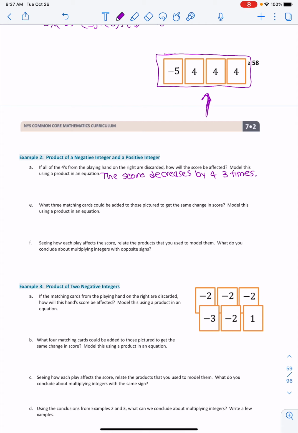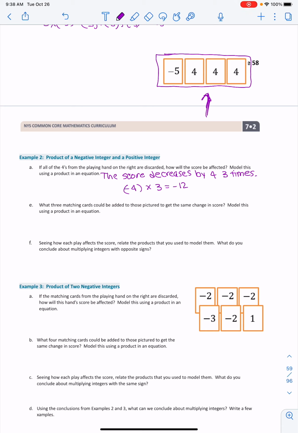So for that to happen, we are going to subtract 4 3 times. So we are actually going to decrease that score by 12. So that would be a negative number. It says what 3 matching cards could be added to those pictured to get the same change in score.